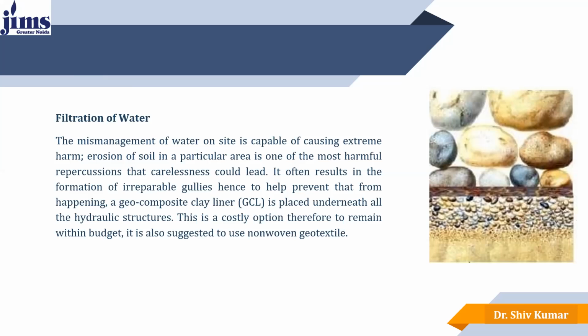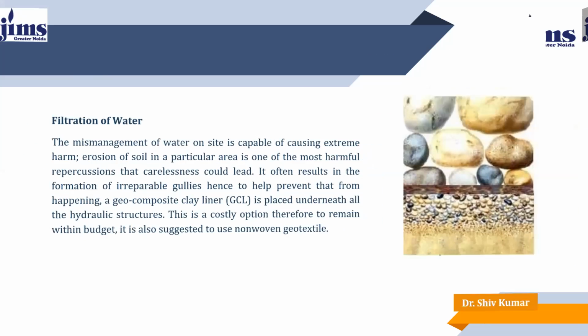It often results in the formation of irreparable gullies. Hence, to help prevent that from happening, a geosynthetic clay liner, known as the GCL, is placed underneath all the hydraulic structures. This is a costly option. Therefore, to remain within the budget, it is also suggested to use non-woven geotextiles.